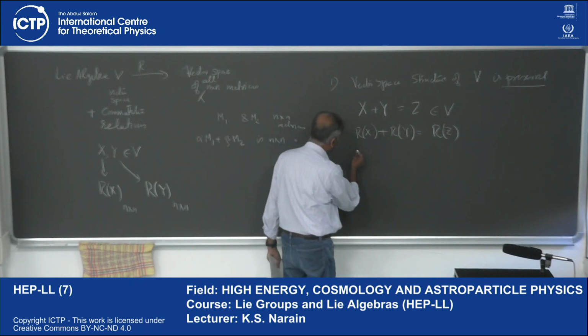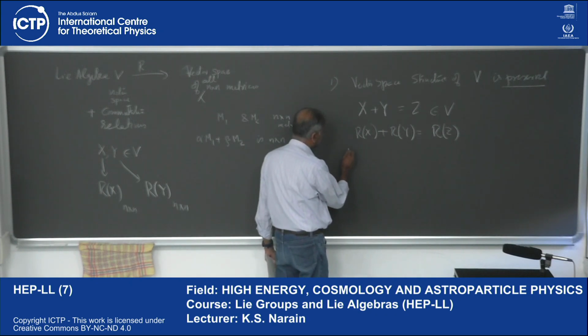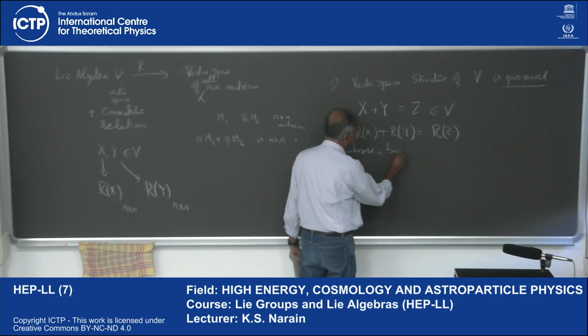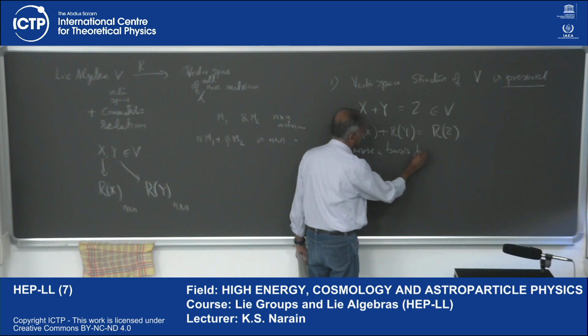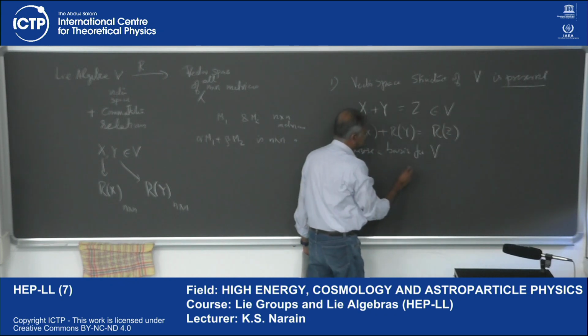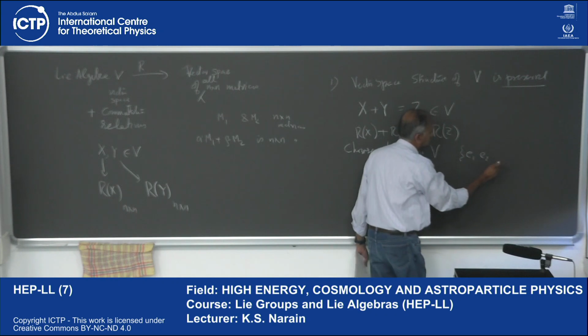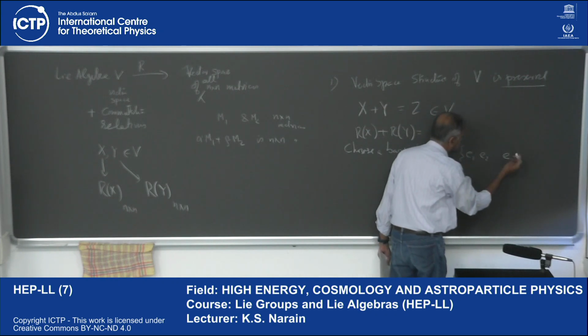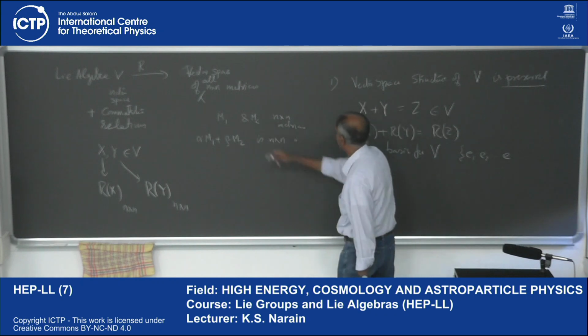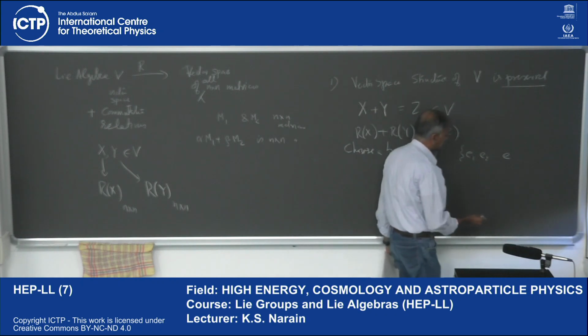In other words, what this also means is that if I choose a basis for the vector space V, let's just call them E1, E2, up to the dimension. So let me not use the n here, some other letter.